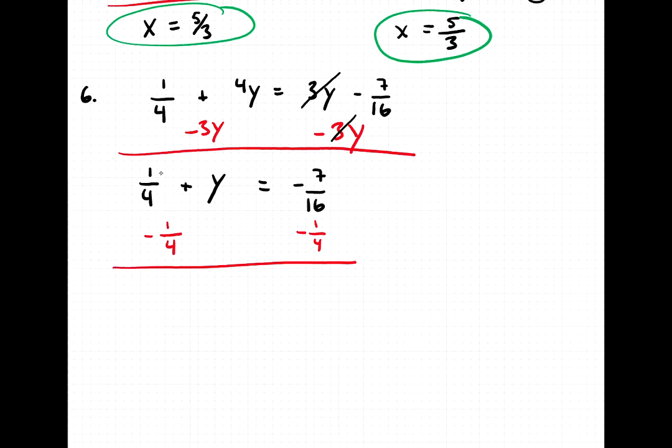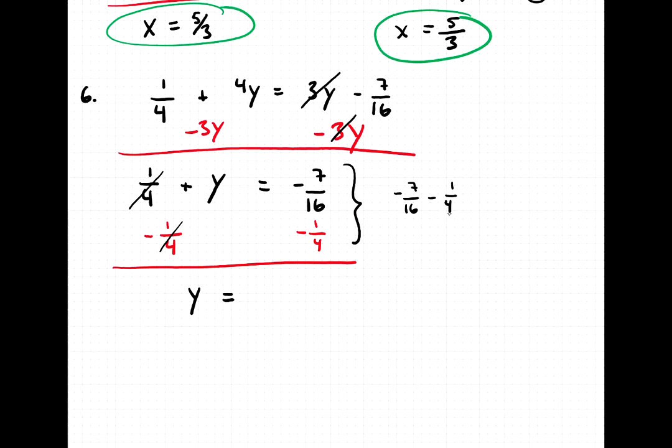The positive 1/4, the negative 1/4 will cancel, and we'll have y is equal to, well, let's figure this out. Negative 7 over 16 minus 1 over 4. Well, to subtract two fractions, we need a common denominator. And in this case, the common denominator is 16.